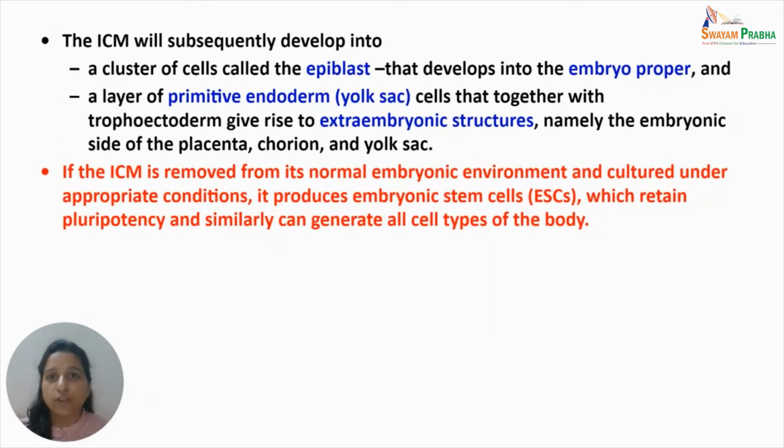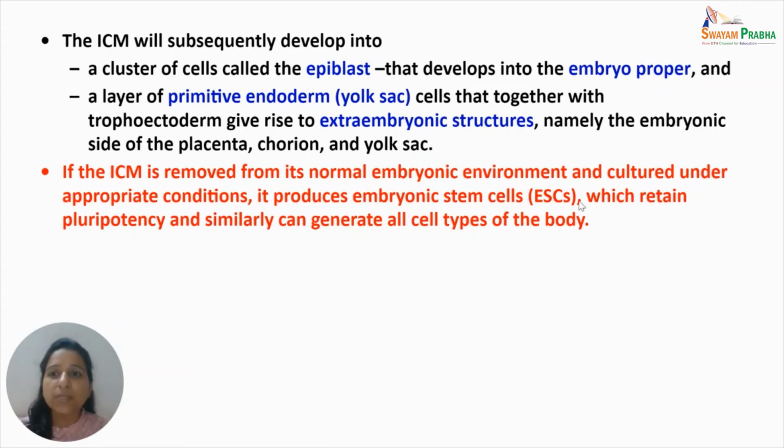Now, this was the revision of the formation of the embryo in case of humans, as we discussed in the earlier lectures also. So from here now, if the inner cell mass cells are removed from the normal embryonic development that they are supposed to undergo, and then they are cultured under appropriate conditions, they produce embryonic stem cells.